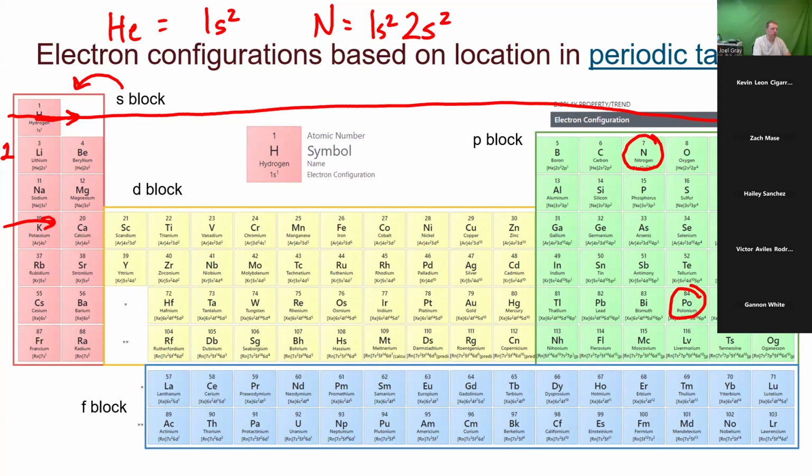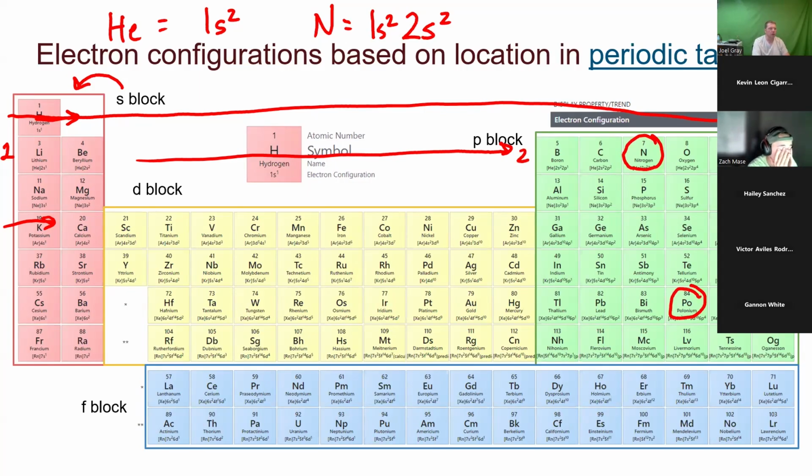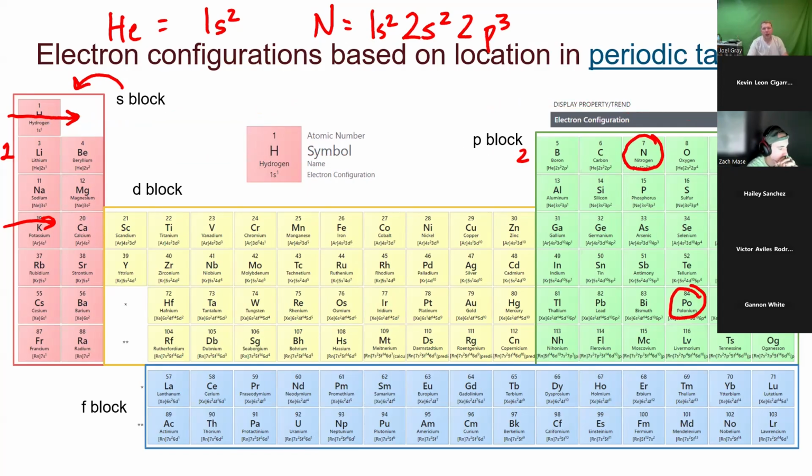Now, I'm going to jump across the center of this periodic table. This is row 2, but this is within what's known as the P block. So I'm going to say 2p3. When it comes to electron configurations, if you add your exponents, that's going to be the number of electrons that that element has as a neutral atom.